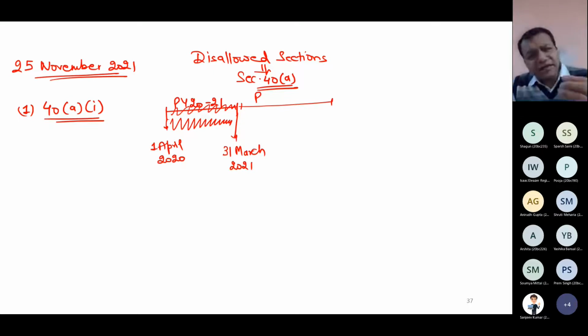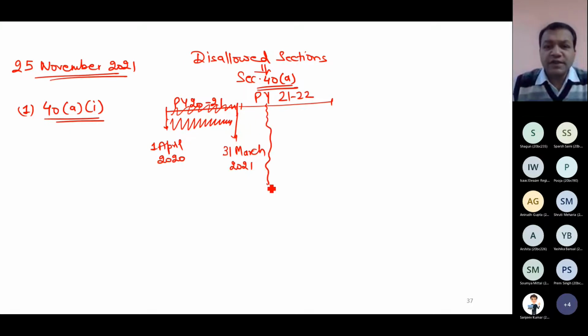Or what I did, I deducted on time, but unfortunately I failed in depositing it with the government on time. Now this is next year, starting from 1st April. Suppose this is 31st July. For this year 2021 return, if I am an individual, I have time till 31st July.